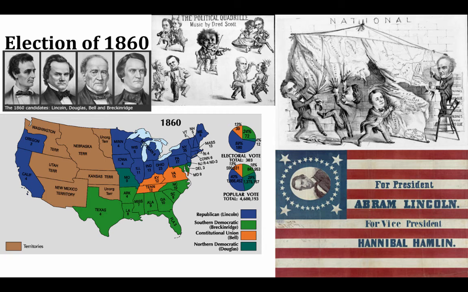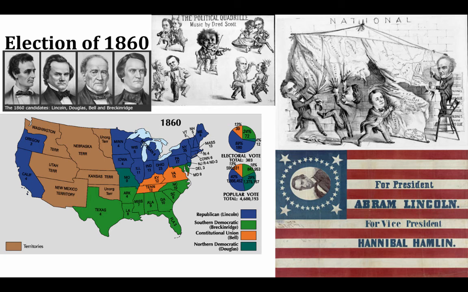So if you look at the Democratic votes, they get 60% of the popular vote. So they overwhelmingly would have won had they run a united campaign. However, because they splintered their party, they basically let the Republicans kind of walk into it here with an easy win. And so Abraham Lincoln wins the election.